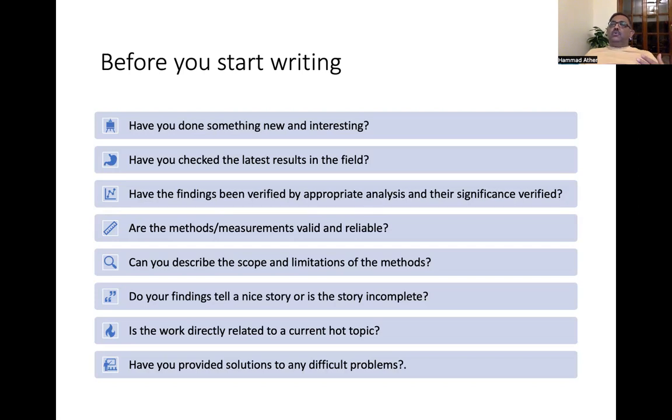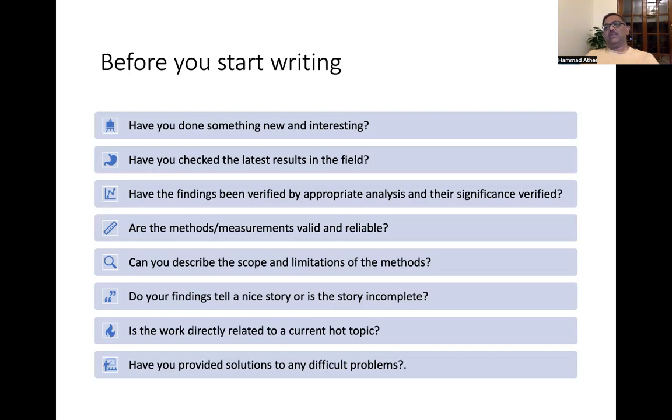You should be able to determine the scope and limitations of the methods. Do you feel that the story is incomplete and there are certain lacunae and areas that future researchers can work on? This is important. Is it something which is really contemporary and hot in the current time?